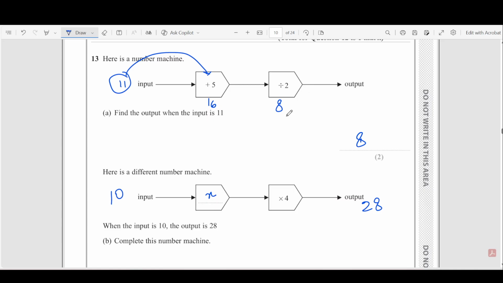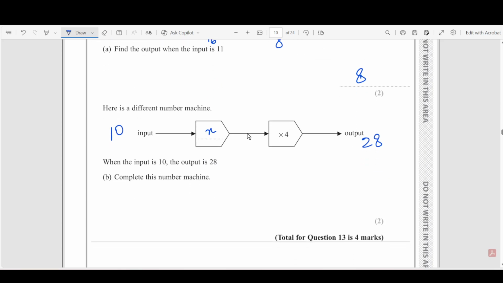Let's say any number. It says multiply by 4, so 10 plus x, let's say we take it as x, plus x times 4. After that we have times 4 equals 28. That's the output, right?